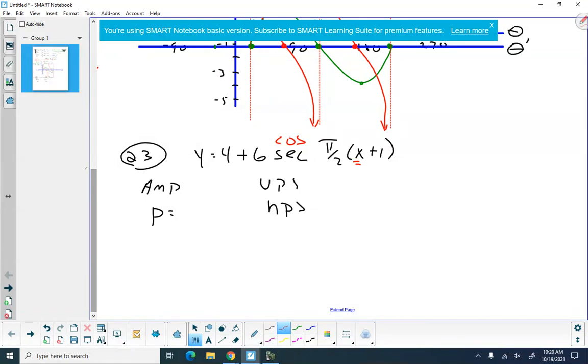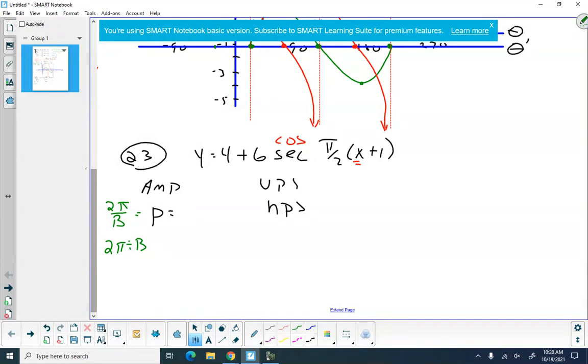So this changes how we calculate the period. Period was 360 divided by b, but now we have 2 pi divided by our b value because we had to change into radian mode. What I suggested to do yesterday is write it like that, 2 pi divided by b.